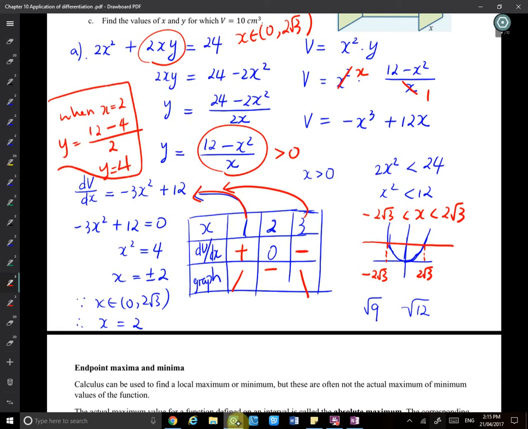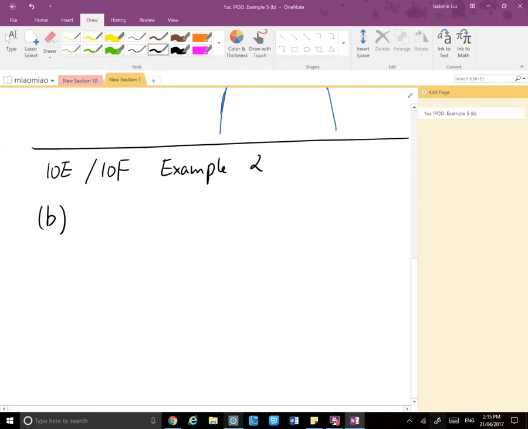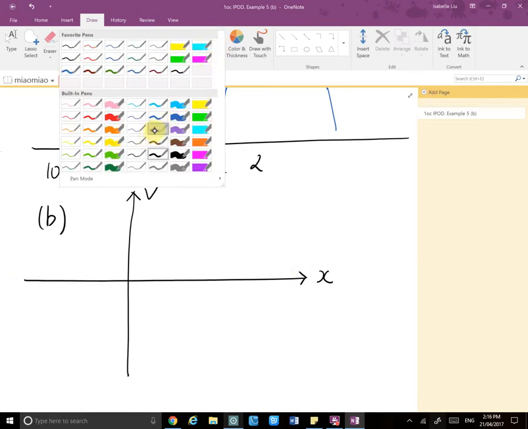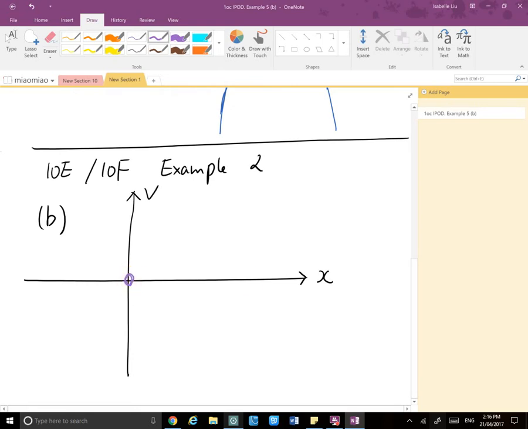So for the suitable domain, that will be the shape of this graph.